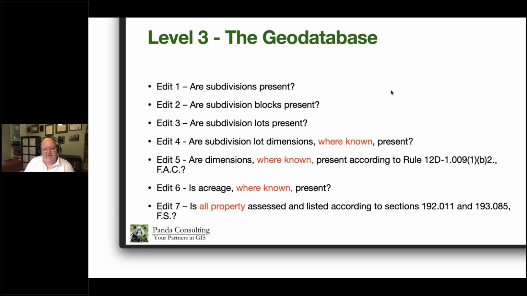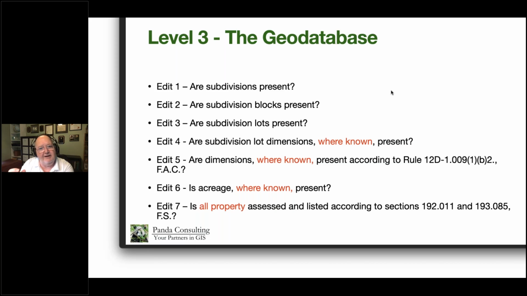And then finally, edit number 7 is all property assessed and listed according to sections 192.011 and 193.083 of Florida statutes. So they want to make sure that all property is assessed, and that includes all real property that's owned by private entities, not property owned by public entities.